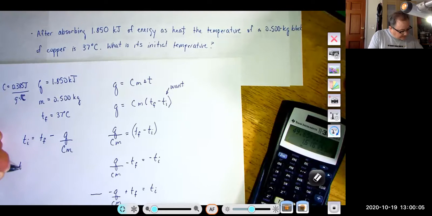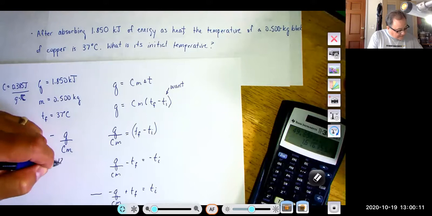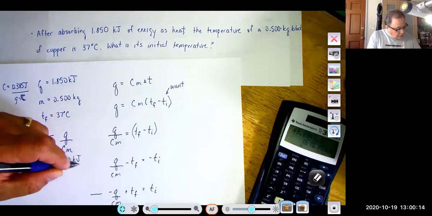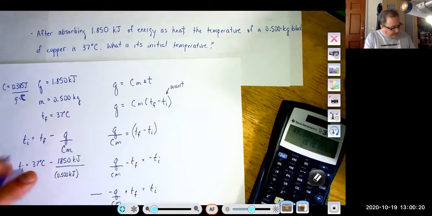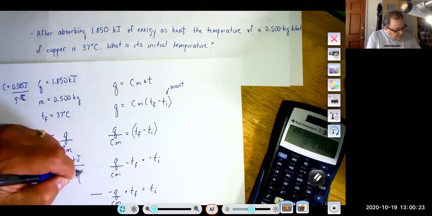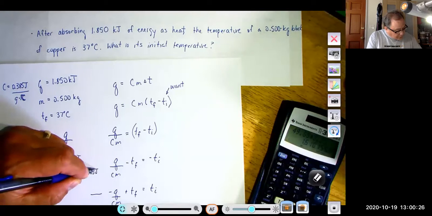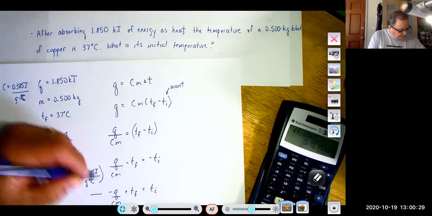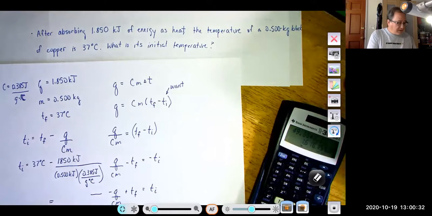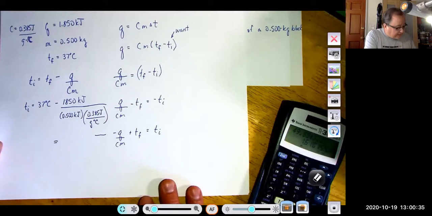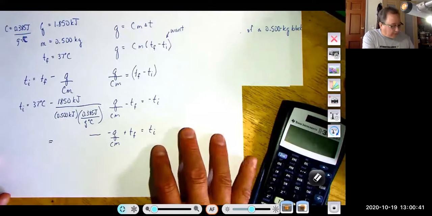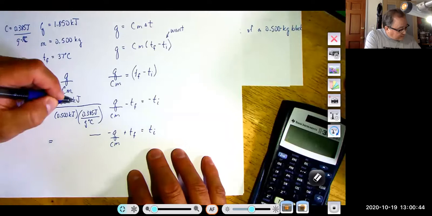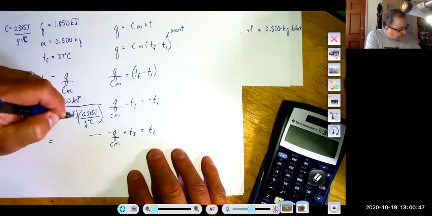So T initial is equal to 37 degrees Celsius minus 1850 kilojoules over 0.500 kilograms, that's the mass, and the specific heat capacity is 0.385 joules per gram degree Celsius. Now you might be thinking, oh my goodness, he's going to get into trouble here because he's got kilojoules and joules and so forth. Actually, I'm not going to be in too much trouble, because this is kilograms.